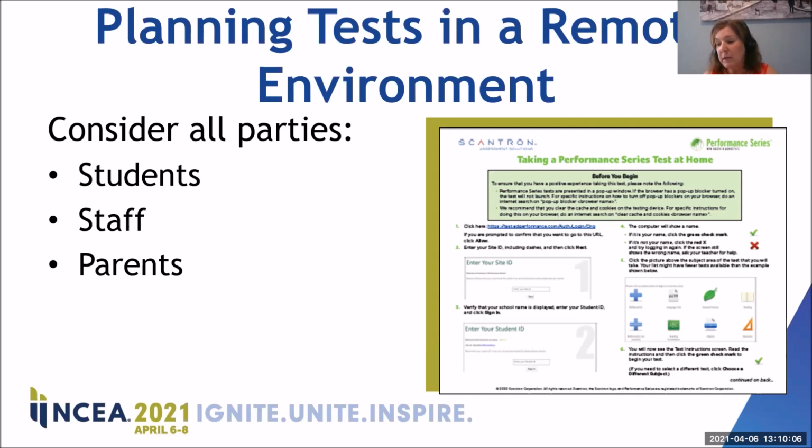We need that collaborative effort to involve all of the parties who create this testing plan that we're going to be using. Those parties are our students, the staff at our schools, and also the parents. Those are our three main connections for how we need to make sure that we deliver information for this holistic testing plan to all of those parties that are involved.